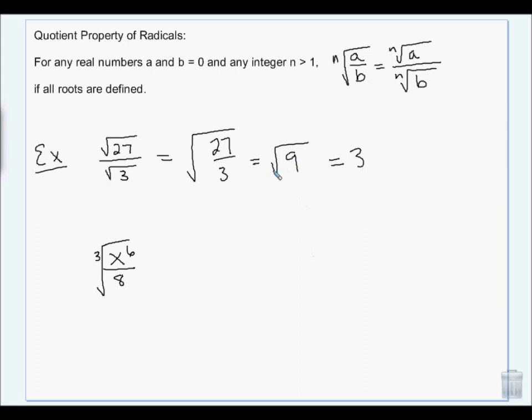Okay. So sometimes it makes more sense to put them together under a radical so that you can do the division and then simplify it from there. Other times, these are together under the radical already, but I can't divide this. So in this case, it makes more sense to split them. I'm going to divide that 6 by 3, so this is x squared, and the cube root of 8 is 2.